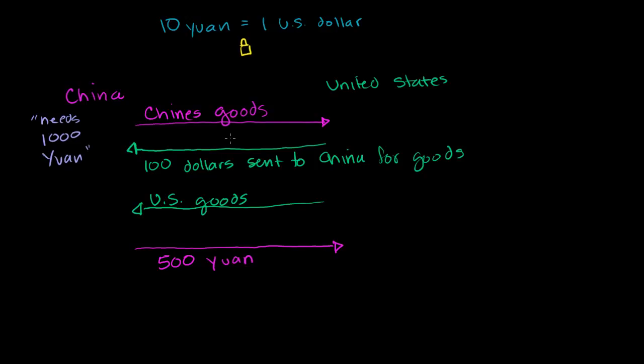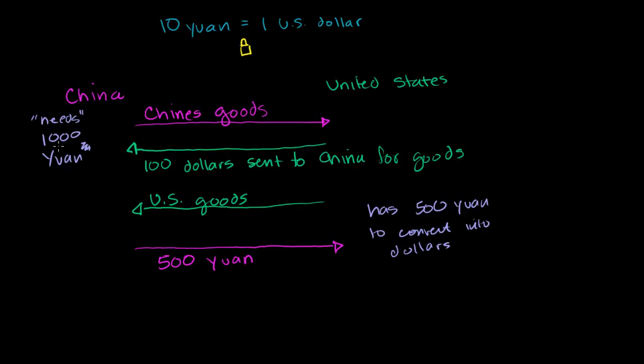Now, this US producer only has 500 yuan to convert into dollars. And we've seen this multiple times, but I really want to reinforce how these currencies would fluctuate.